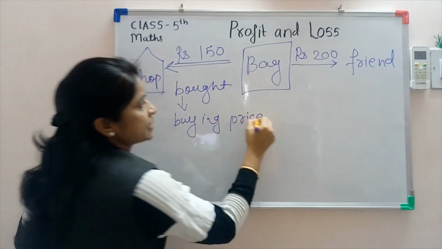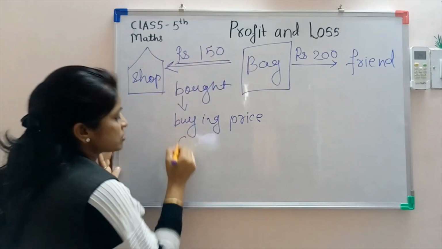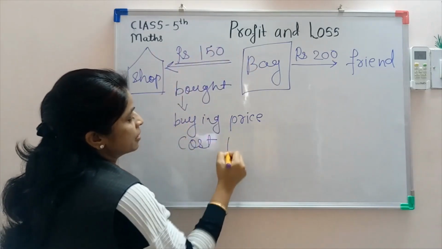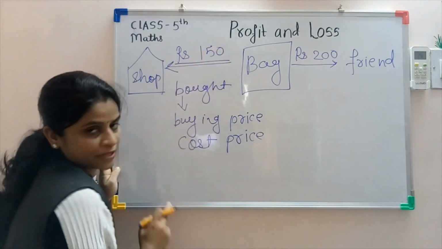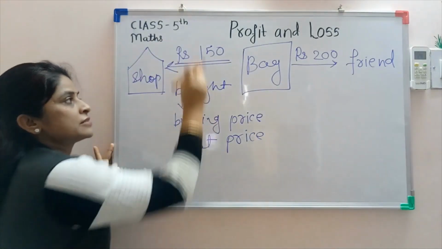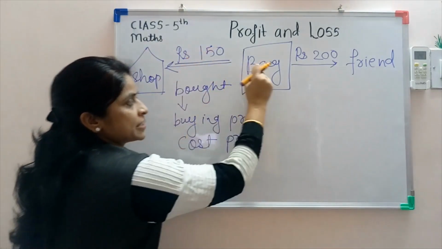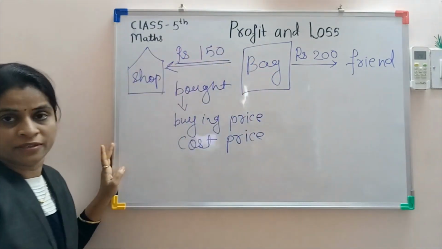Or you can say buying price is also called cost price. That means the bag cost me rupees 150. So the cost price of the bag is rupees 150.